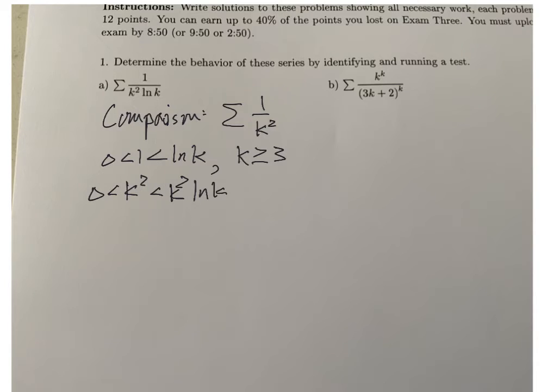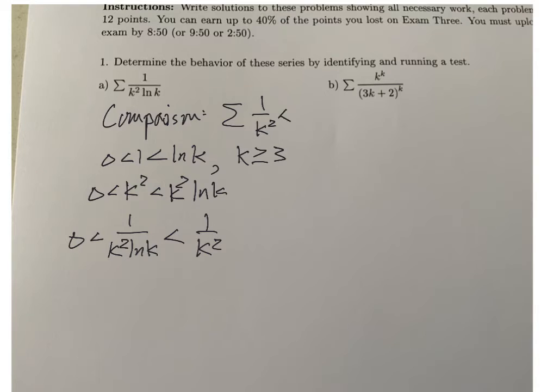And now reciprocate. When you reciprocate positive numbers in an inequality, the order changes. And so k squared ln k is going to be the smaller thing now, and 1 over k squared, and of course everything is positive. And that does it. We know the series 1 over k squared converges.